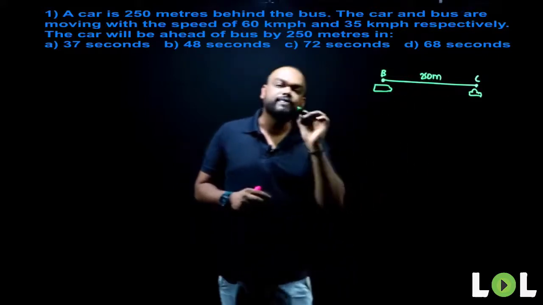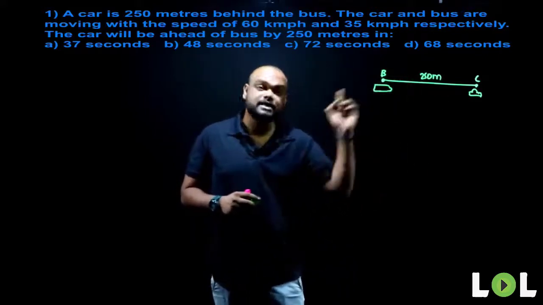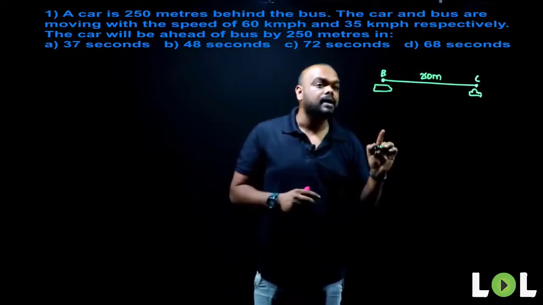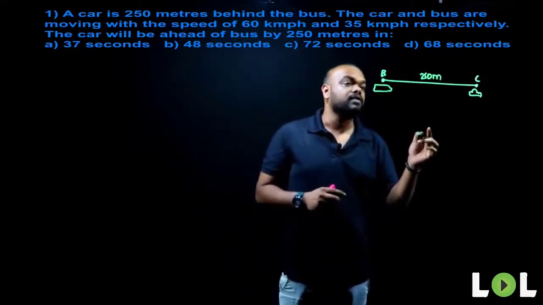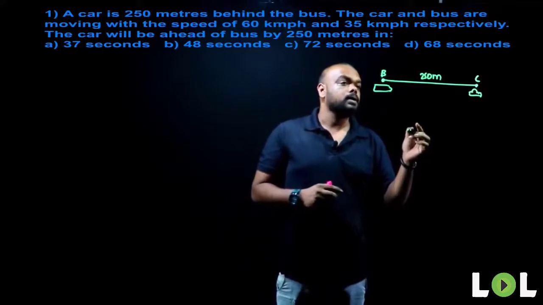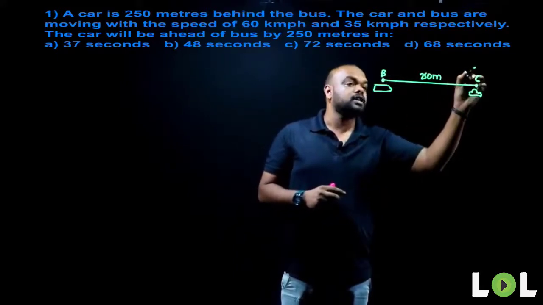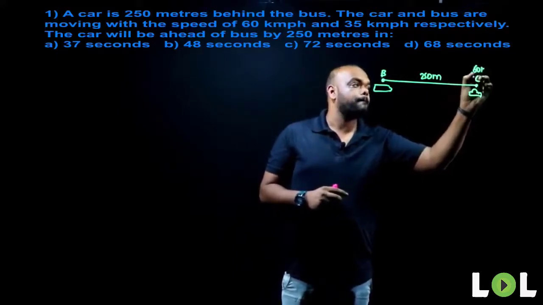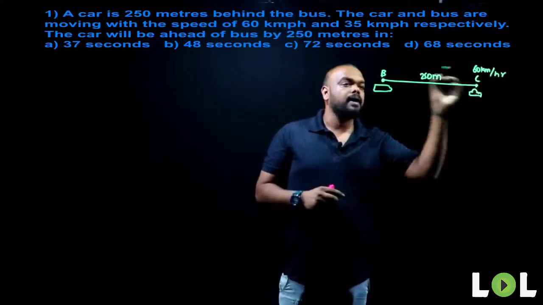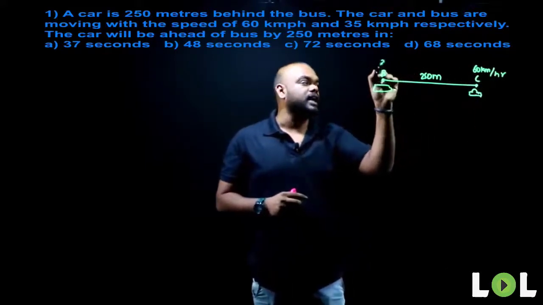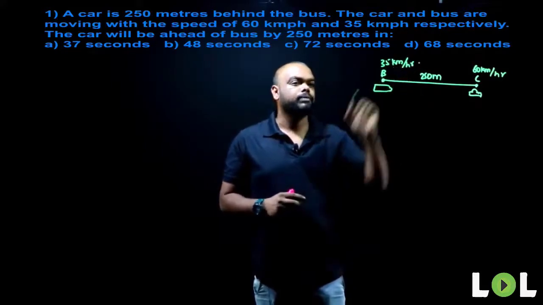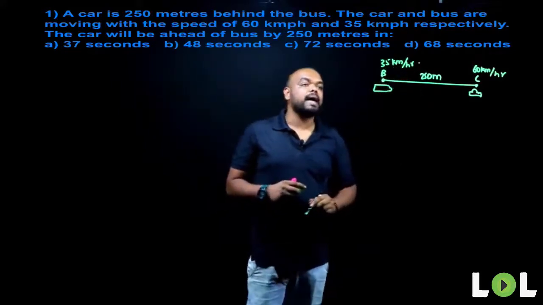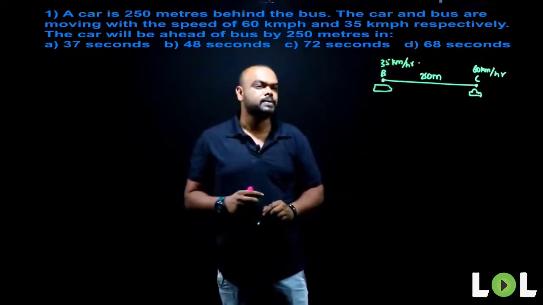The initial distance between the car and the bus is 250 meters. The car is moving at 60 km per hour and the bus is moving at 35 km per hour.